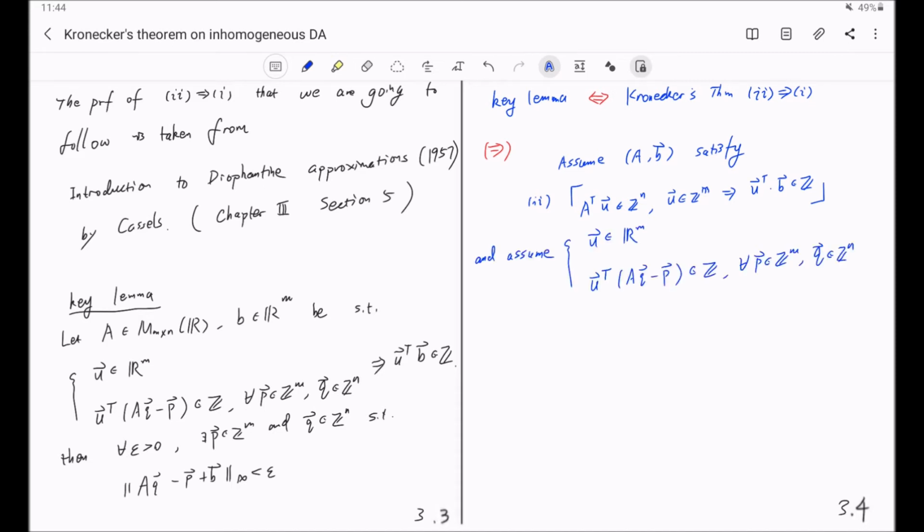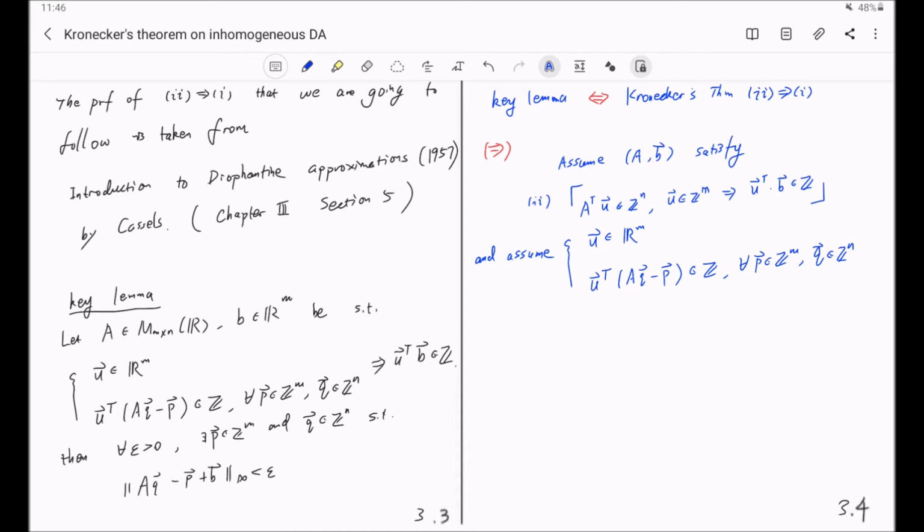Namely, we want to assume that whenever u is in Rm and u transpose times (Aq minus p) is an integer for any p in Zm and q in Zn, we have u transpose b is in Z. And to this end, it suffices to show that A transpose u is in Zn and u is in Zm, so that we can use the statement 2 of the Kronecker theorem to conclude that u transpose b is in Z. And by the key lemma, we conclude that we have this inhomogeneous Diophantine approximation, which is precisely the statement number 1 in the Kronecker theorem.